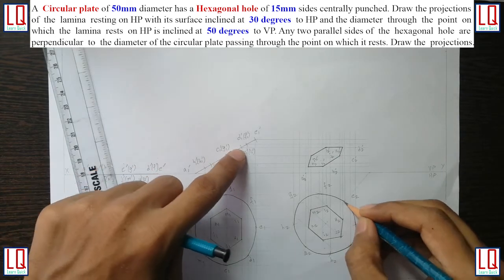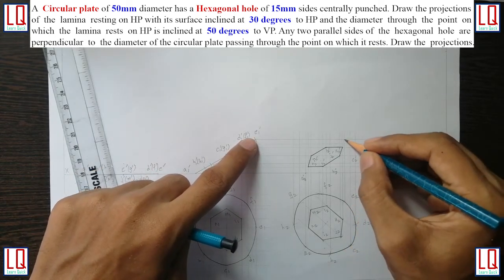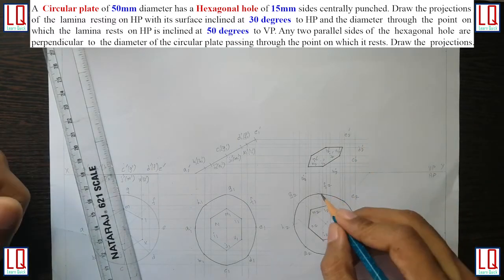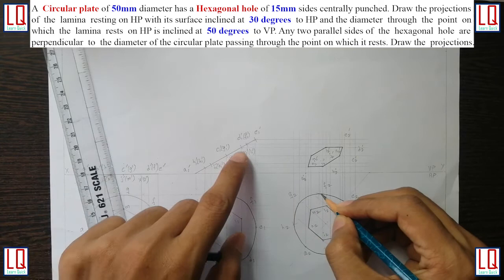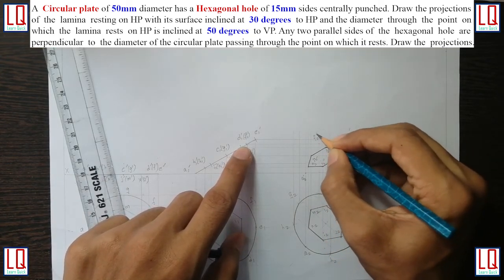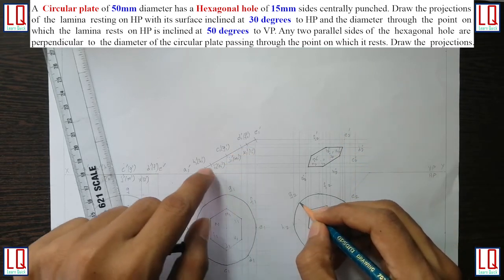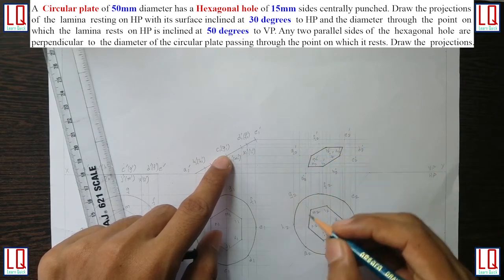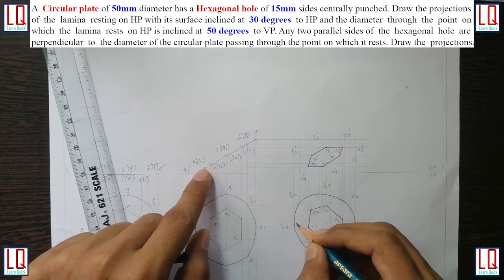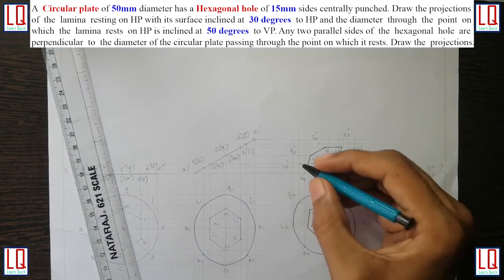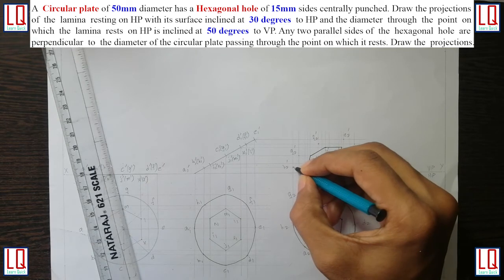E2 and E1 dash meets here, so it's E2 dash. F2 and F1 dash meets here, so it's F2 dash. G2 and G1 dash meets here, so it's G2 dash. H2 and H1 dash meets here, so it's H2 dash. Now with the help of an HB type pencil, join all the points in step 6.